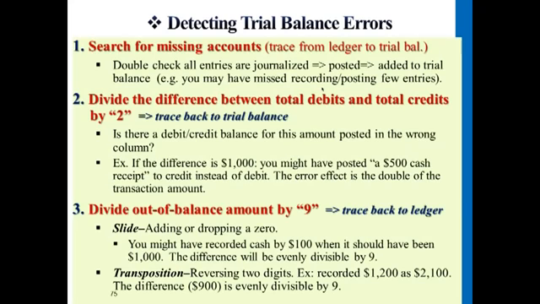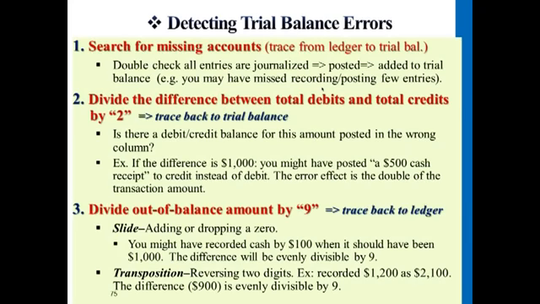But these are harder to trace compared to the type of error where you just posted to the wrong side, because for switching digits, after you divide it by 9, the number really doesn't tell you anything. But after the fact, if you actually trace the transactions, you will realize that some of the digits you switched. Okay, but a shortcut for a slide error, adding a 0 or missing a 0: if you divide it by 9, that will tell you the error number that you got. Okay, so these are some of the shortcuts.